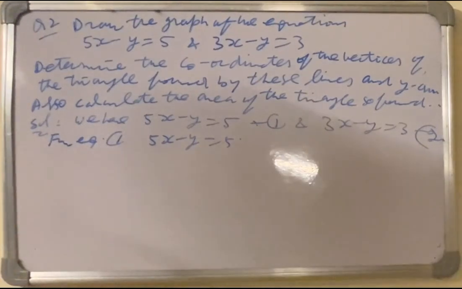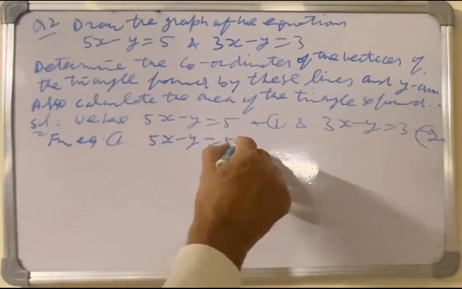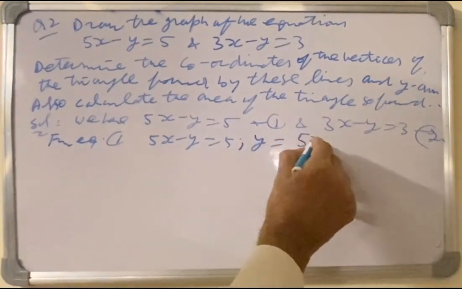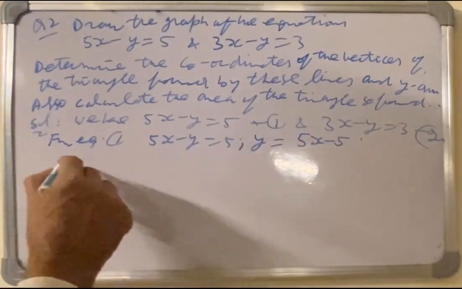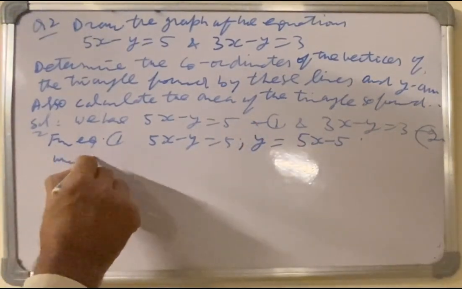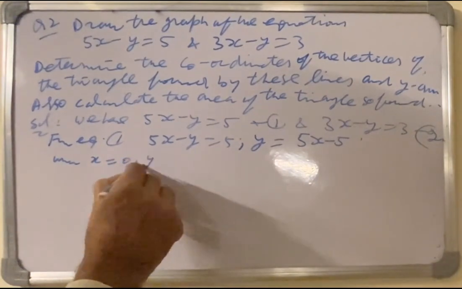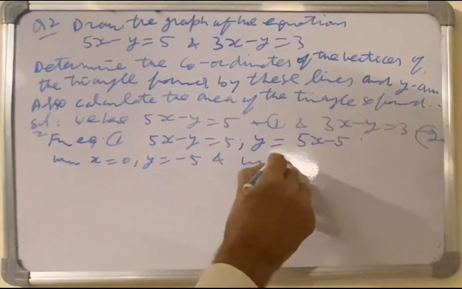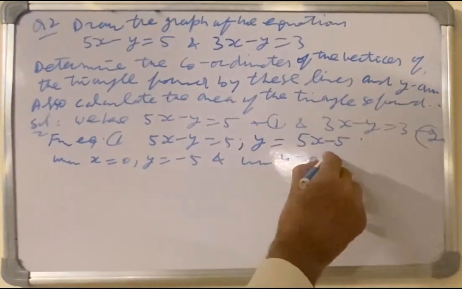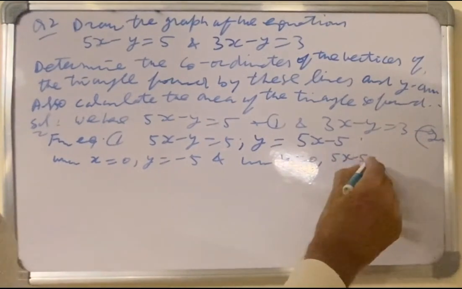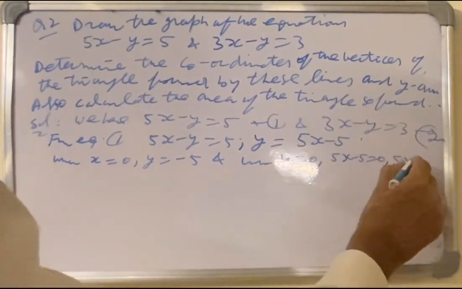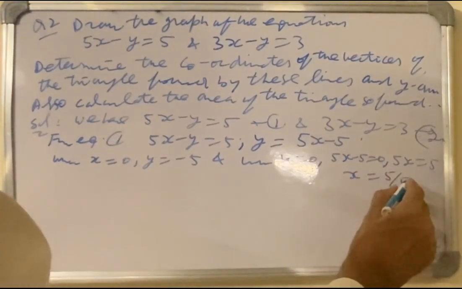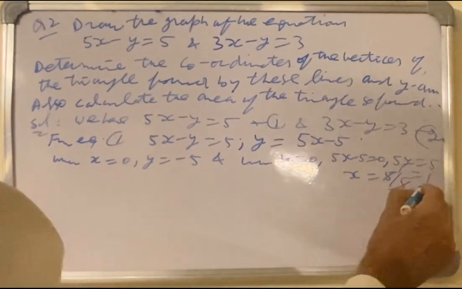Therefore, y is equal to 5x minus 5. When x is 0, y is minus 5, and when y is 0, 5x minus 5 is 0, 5x is equal to 5, x is equal to 5 over 5, which is 1.